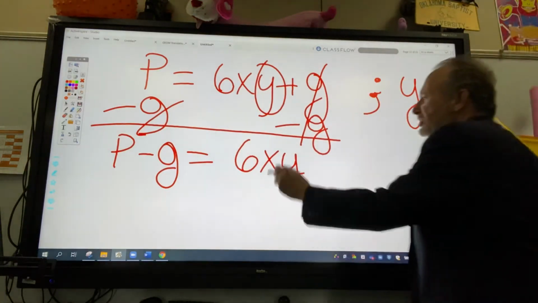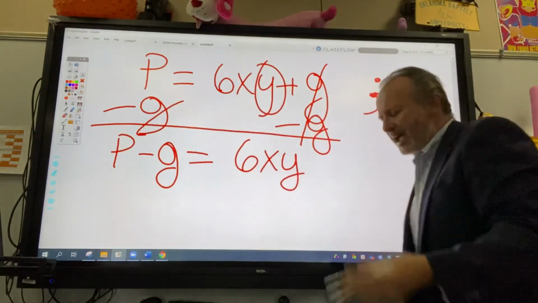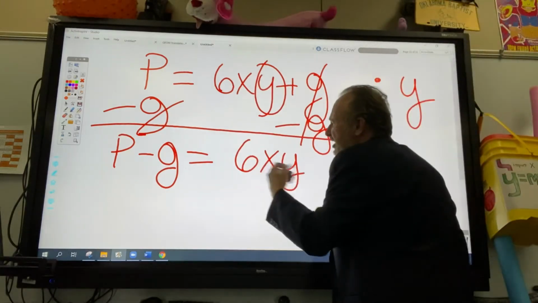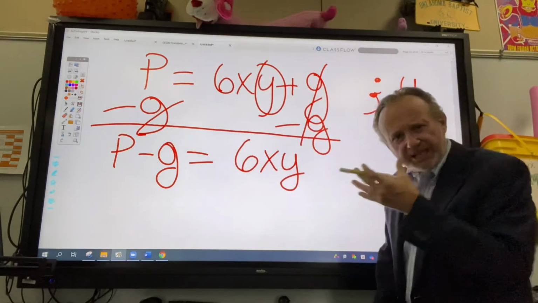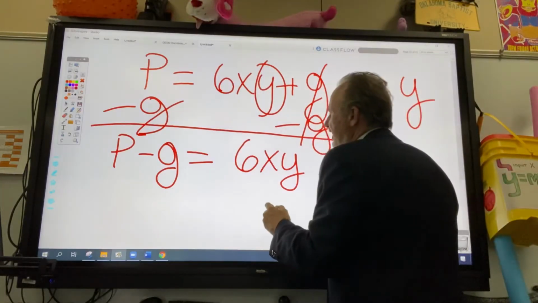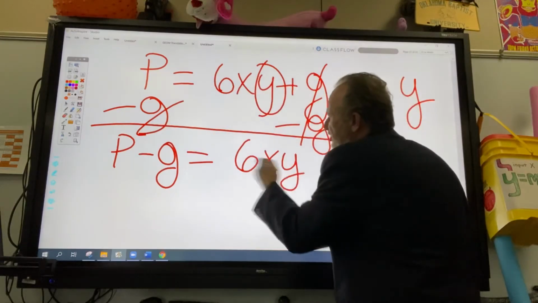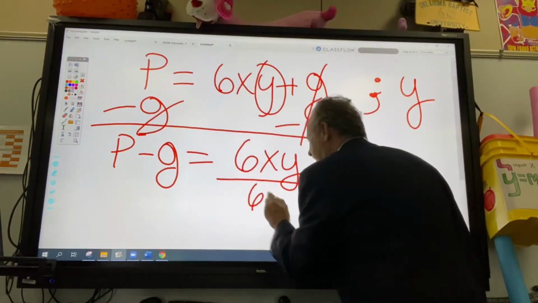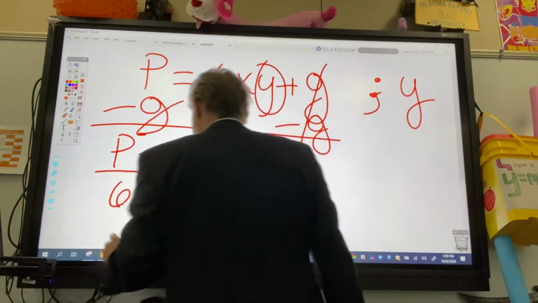So now, 6x and y, notice that 6 and that x multiply together. They can come and go together because they attach through multiplication. If it was 6 plus xy, I'd have to get rid of the 6 first, but they're 6 times x. They can go together. So we're going to get rid of them at the same time. Divide by 6x, divide by 6x.